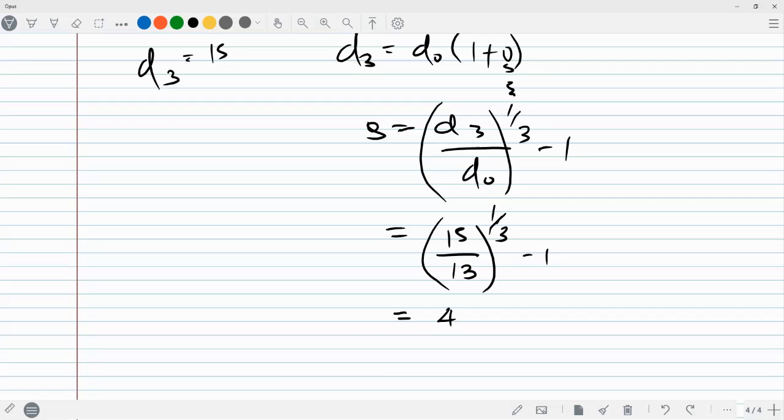You get 4.89%. Here the mean growth is given as 4%, which is wrong. It is 4.89%, not 4%. That's why B is not correct.